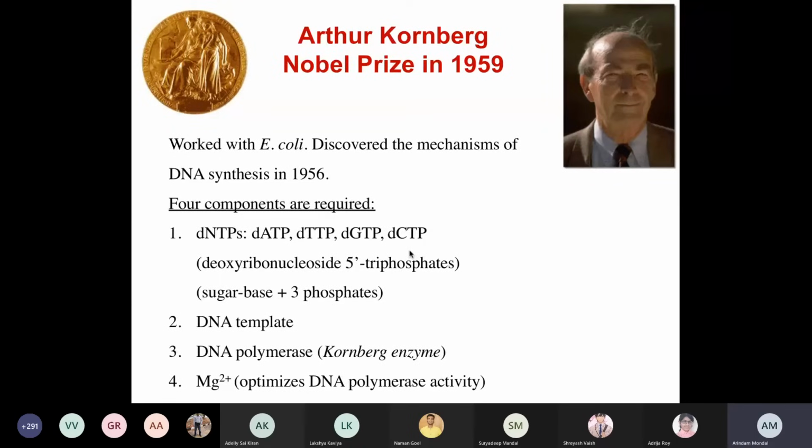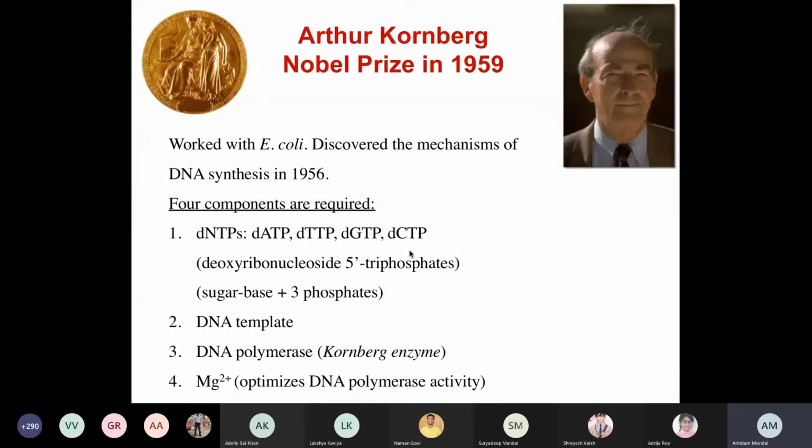You can imagine that particular decade was extremely important in terms of molecular biology research, right? 1953, when Watson and Crick discovered the structure of the double helix DNA, and then 1958, when Meselson and Stahl showed that DNA replication follows the semi-conservative mode.